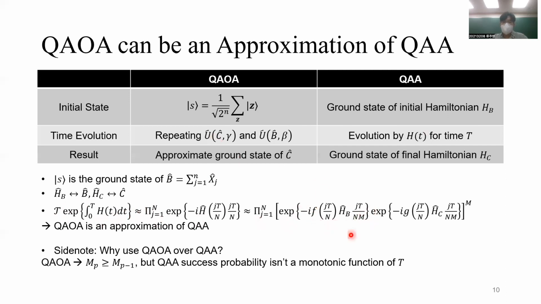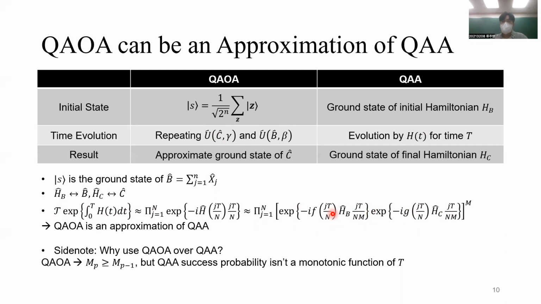So you can see that this is UB and this is UC. And of course, these angles are just parameters that we can change in the case of QAOA, but we can find values that well approximate QAOA to QAA.